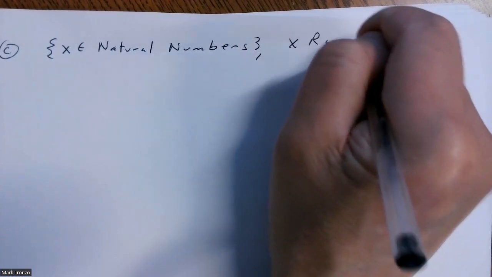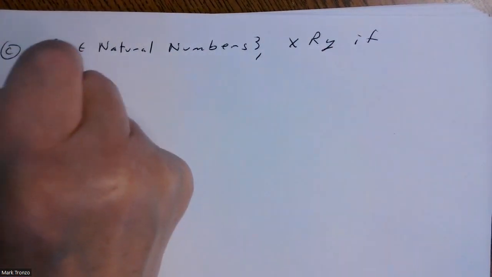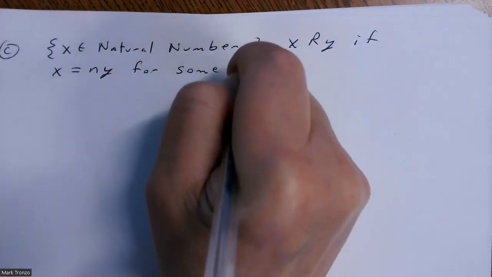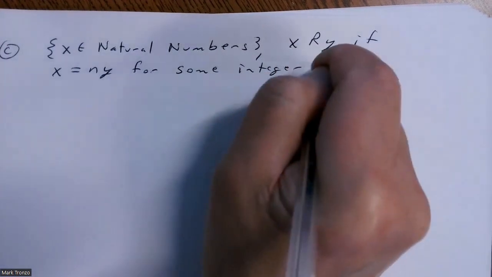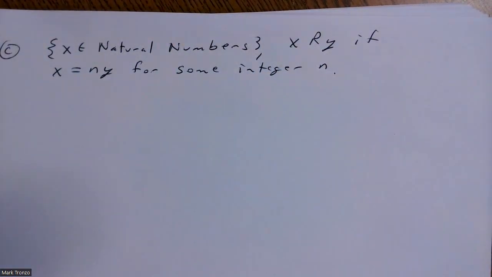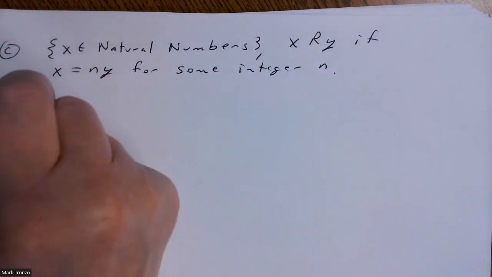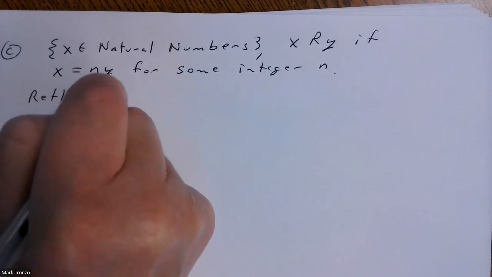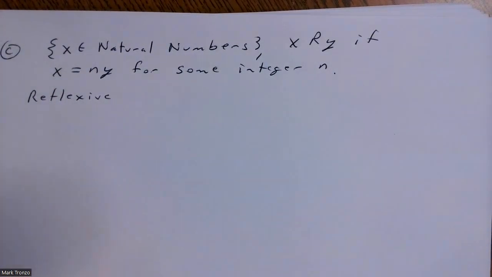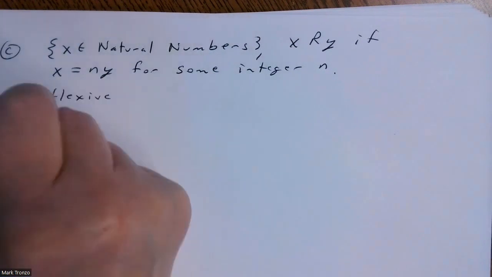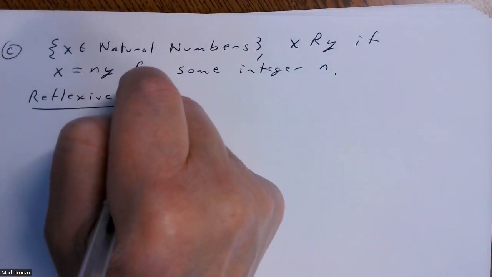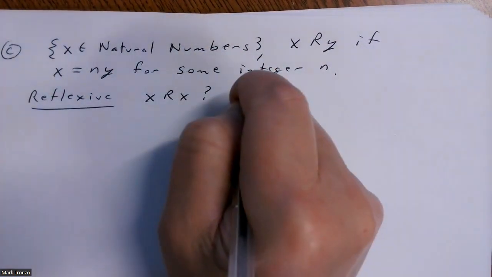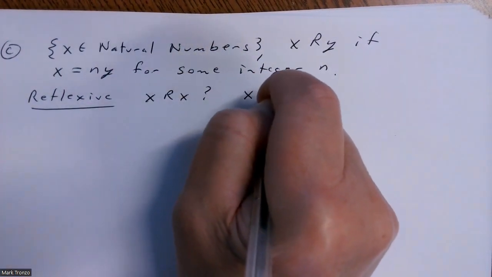X related to Y if X equals N times Y for some integer N. And so again, for reflexive, we're not really sure yet if this will work. So let's start from the beginning. Is X related to X? And I guess the answer is yes, because we could use N equal 1.